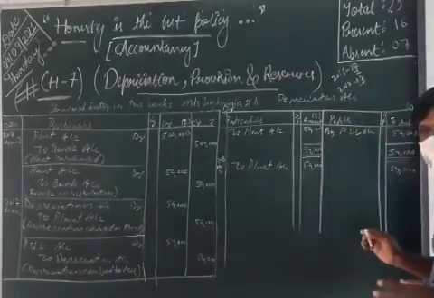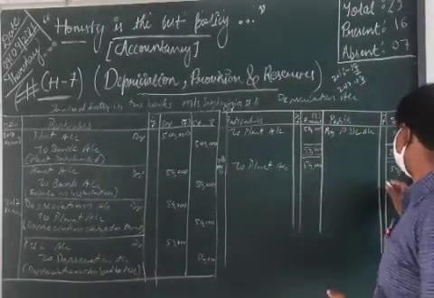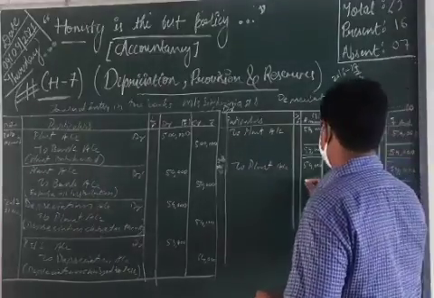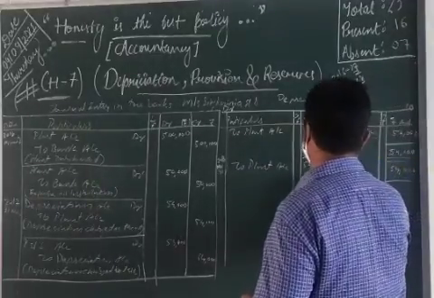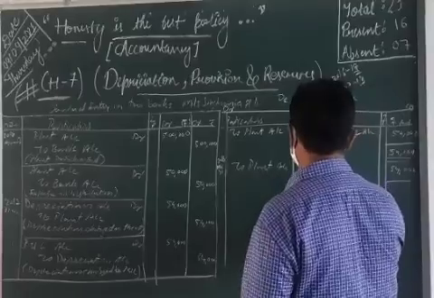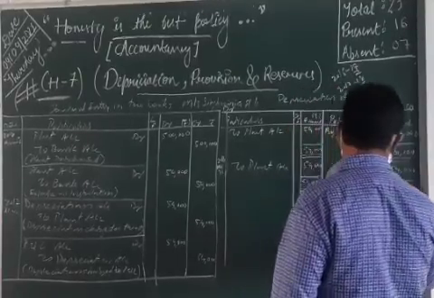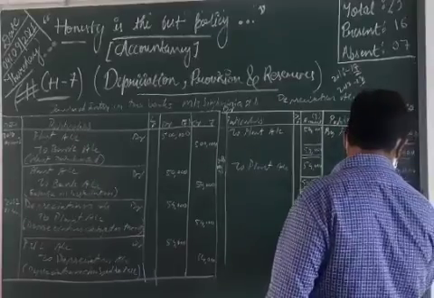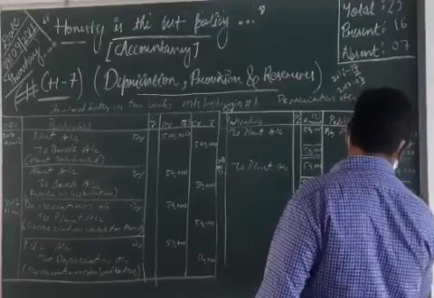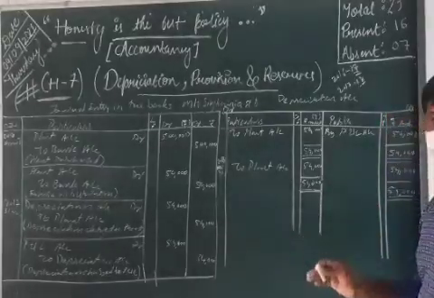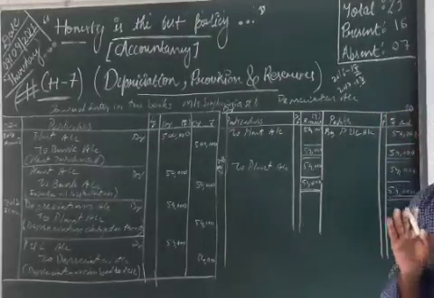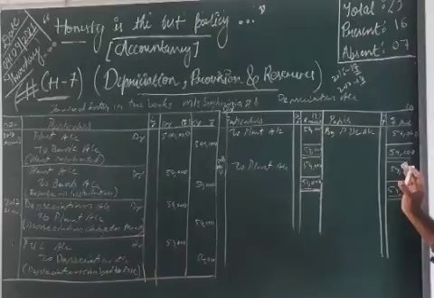This year also the amount is the same. So for totaling, there is no other amount, only one amount, 54,000. Close that 54,000. You know that if we give a double line, that means that amount is closed. Up to that amount is closed.